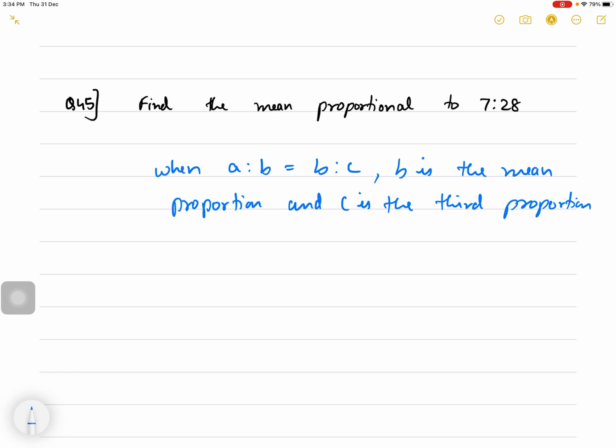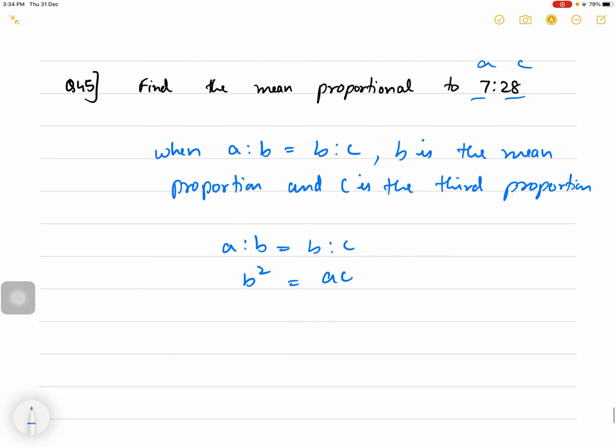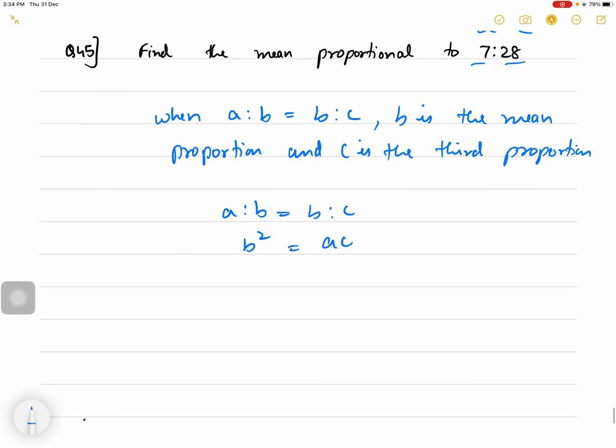Okay, and in this question mean proportion is asked, so that means you have to find out B, and A and C are given. This is A and this is C. So when A is to B is equal to B is to C, B square is equal to AC, right?